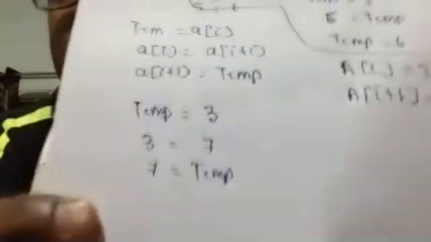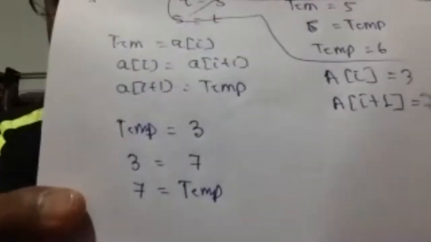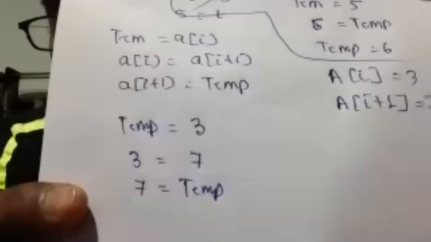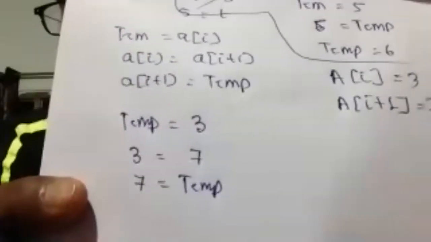Temp equal to AI means temp equal to 3, 3 equal to 7, 7 equal to temp. I am just replacing the value, you see. I am not giving the address. I am giving the value.